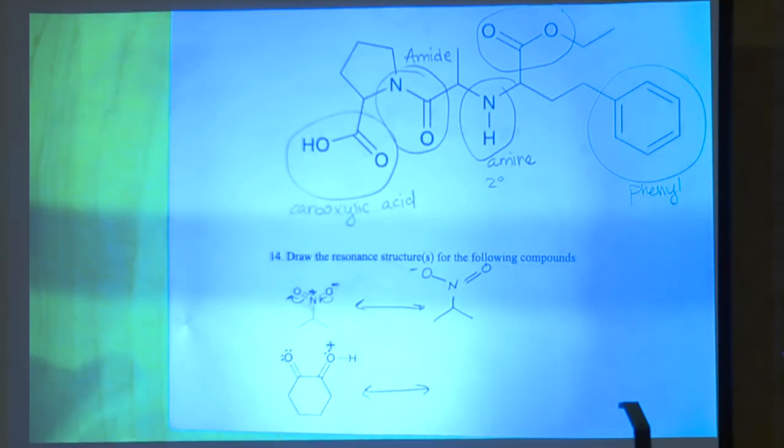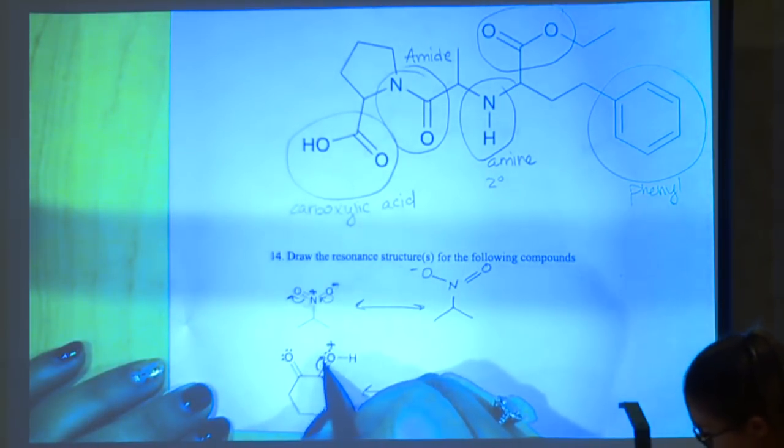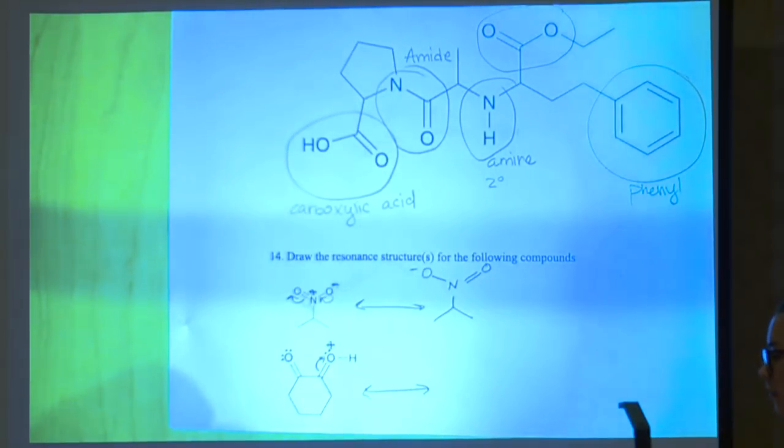That'd be a vinylic positive charge, but. So this one moves up here? Okay. And anything else? Or is that it? Can we do anything else?